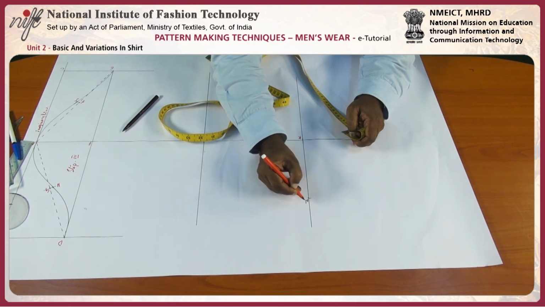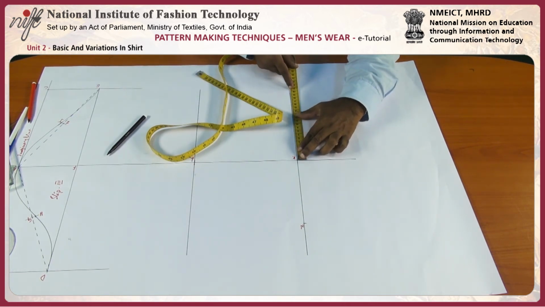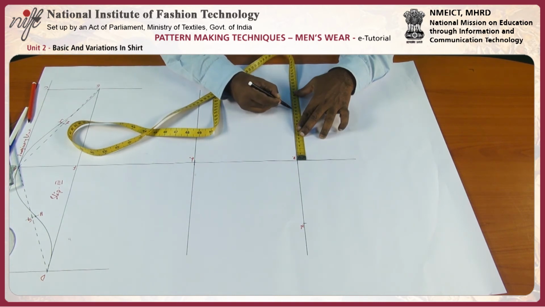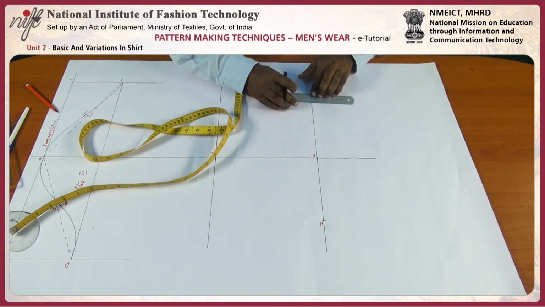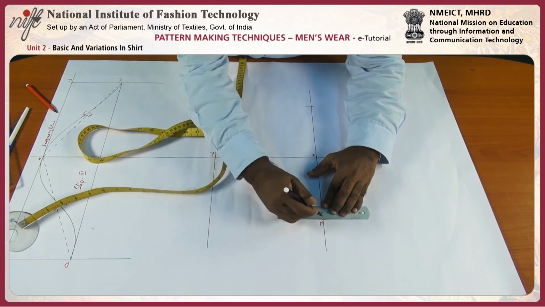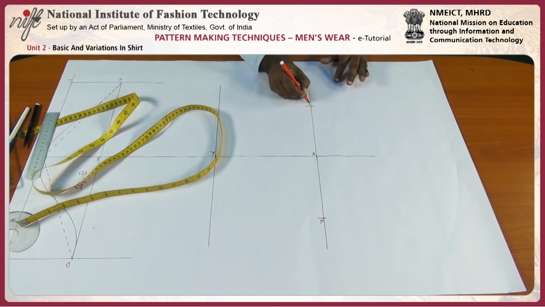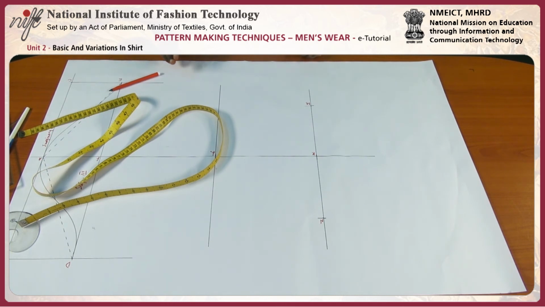Point N. K to M is equal to K to N. Point M. From point M to O is 1 centimeter.